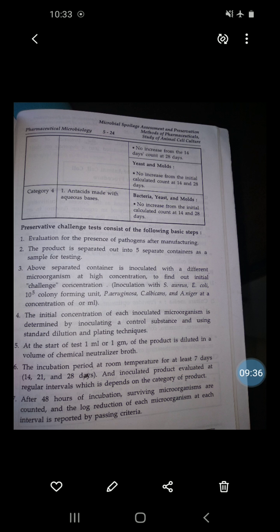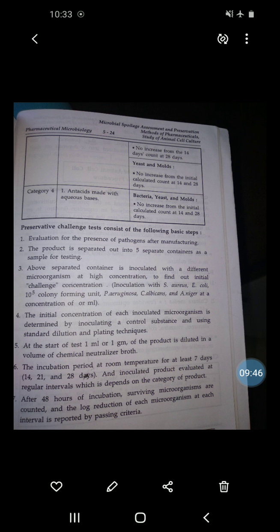Then the separated containers are inoculated with different microorganisms at high concentration in order to find the initial challenge concentration. The initial concentration of each inoculated microorganism is determined by inoculating a control substance.